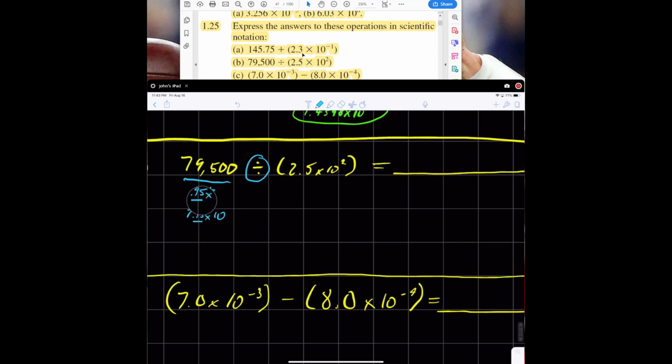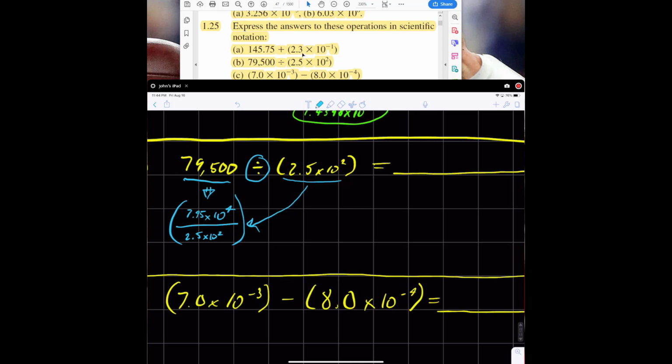So if it's starting here, we have 1, 2, 3, 4. So it would be to the 4th power. That's what this number is. And then we can take this number here and just bring it down. And here's our problem. Right? This is our new fraction.